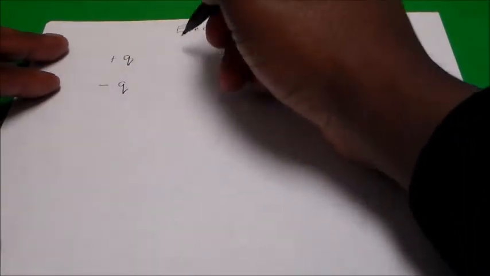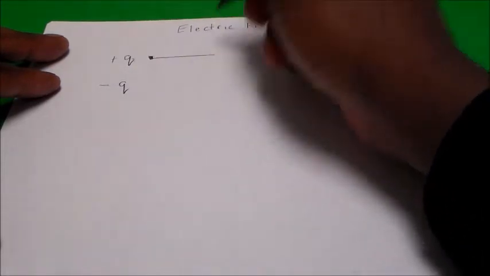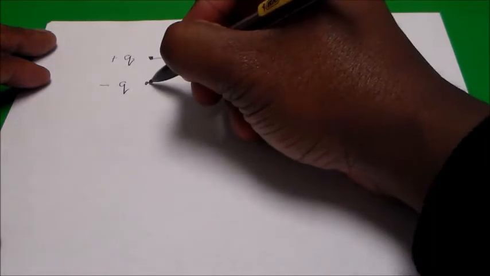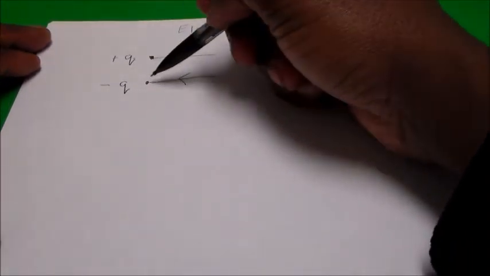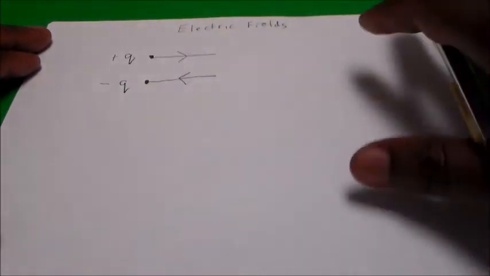If we have a positive charge, the field lines associated with that positive charge move away from the positive charge. If we have a negative charge, then the field lines associated with the negative charge actually point towards the charge, and we're using the dot here to represent the charge.